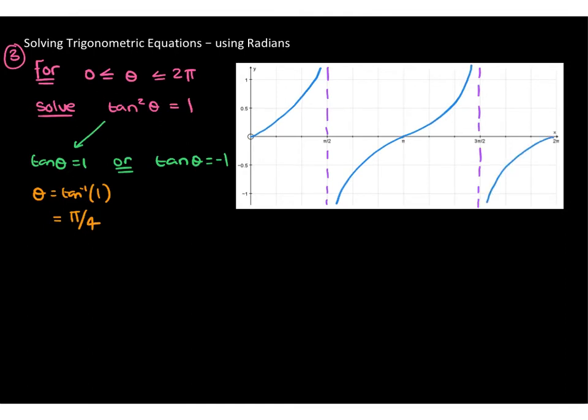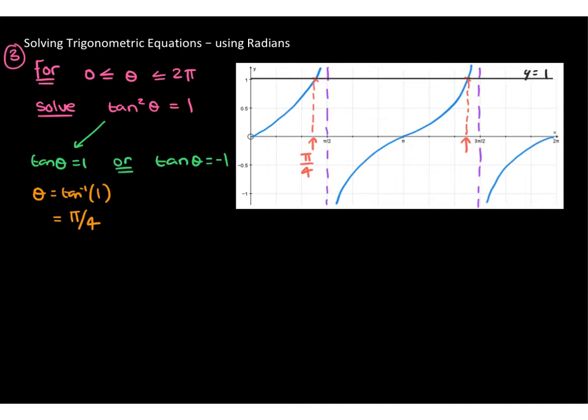Now, let's draw in a horizontal line at y equals 1, which is over there. And then we know that there are 2 points of intersection that we have to explore. One of them over here, we already know has an angle of pi by 4. And then the other intersection that we're looking for is over here, and we have to try and use the symmetry and periodicity of the graph to find the second answer.